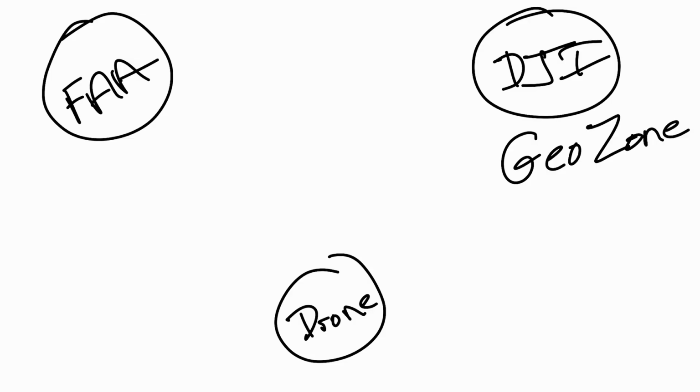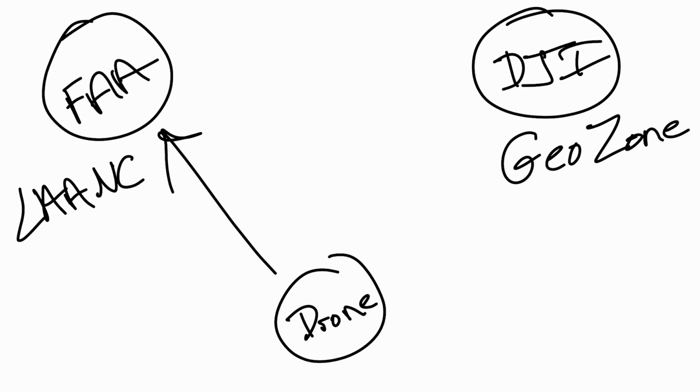If we want to fly our drone in controlled airspace, we first need to get an FAA authorization in order to do so. Once we get the FAA authorization, and again, I explained how to get these authorizations in that video link previously, either through LAANC or the FAA DroneZone.